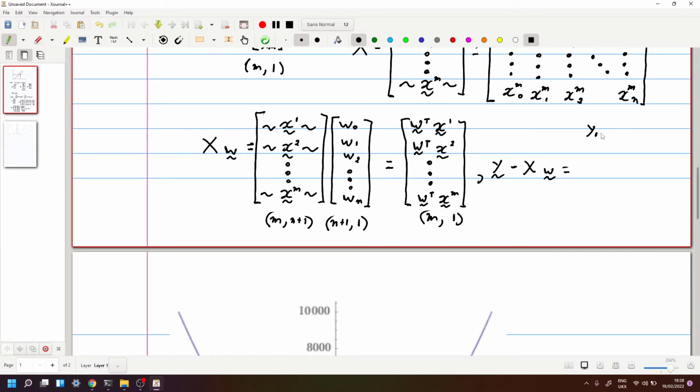It'll be y1 minus w transpose times x1, and then y2 minus w transpose x2, all the way down to ym, so the m-th output minus the m-th prediction. My tildes are looking a bit off, and I'm sorry about that.